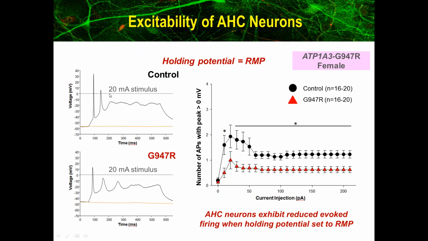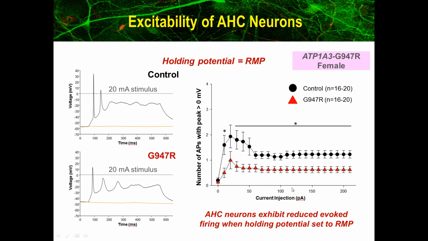We can either hit them with a single stimulus and watch what happens over time, or we can turn up the current and inject a higher amount of current. What we should see is an increase in the number of action potentials.